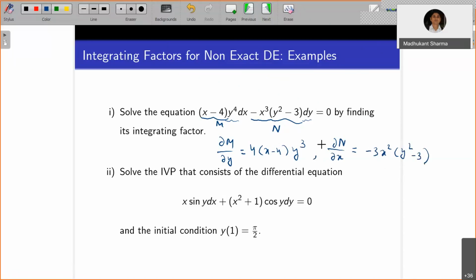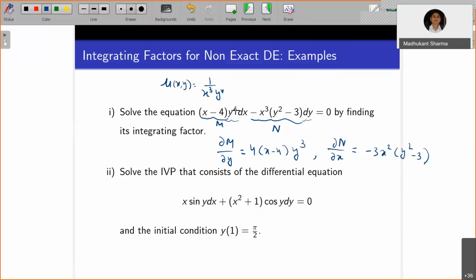Now, what I can do is multiply both sides by 1 upon x³y⁴. I am carefully multiplying by x³ times y⁴. I'm just choosing this by intuition only.